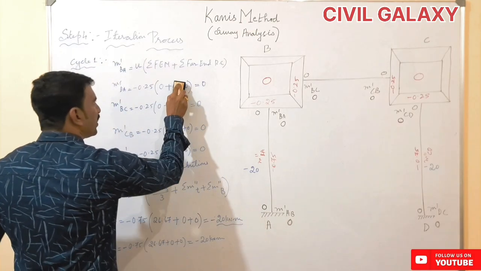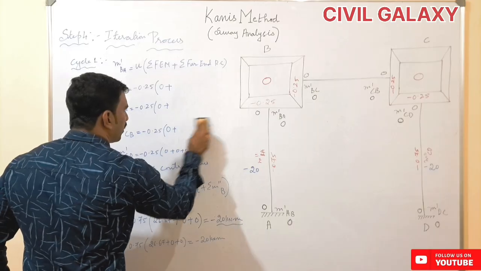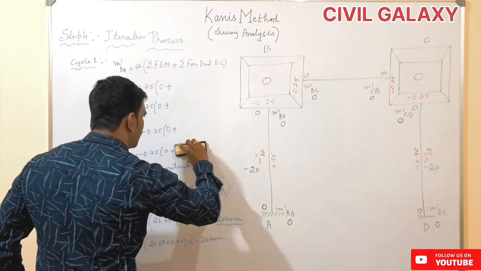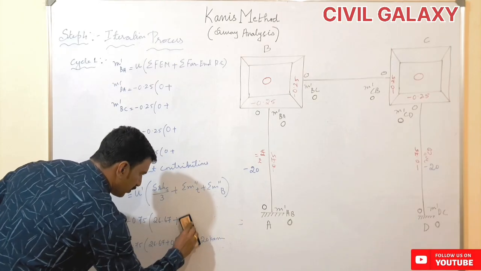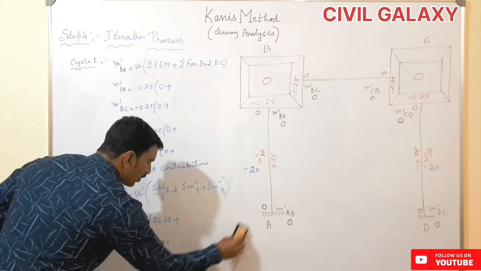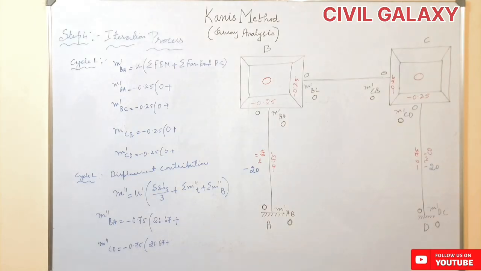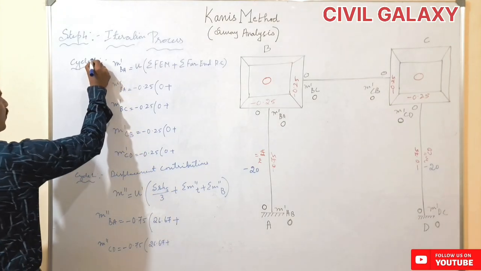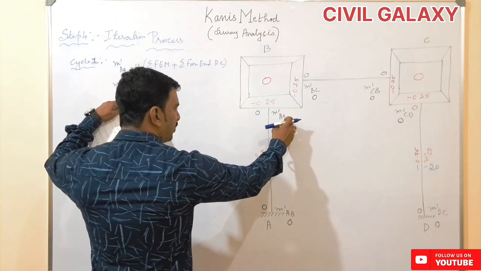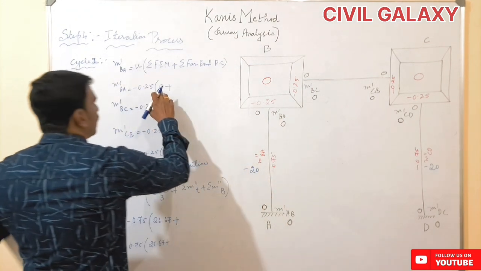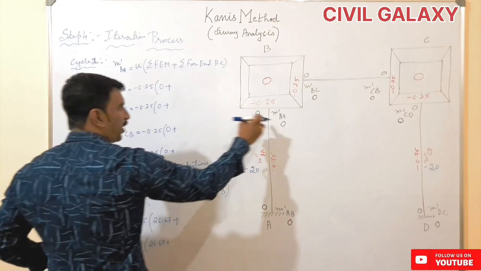Everything remains the same. See here, only the rotation contributions about the far end keep on changing. Rest everything will remain as it is. Now in the second cycle, if you want m dash BA, this is the summation of fixed end moment plus the summation of far end rotation contributions.